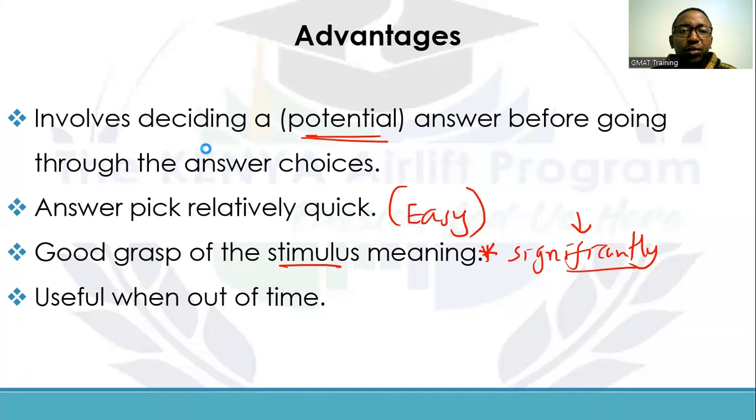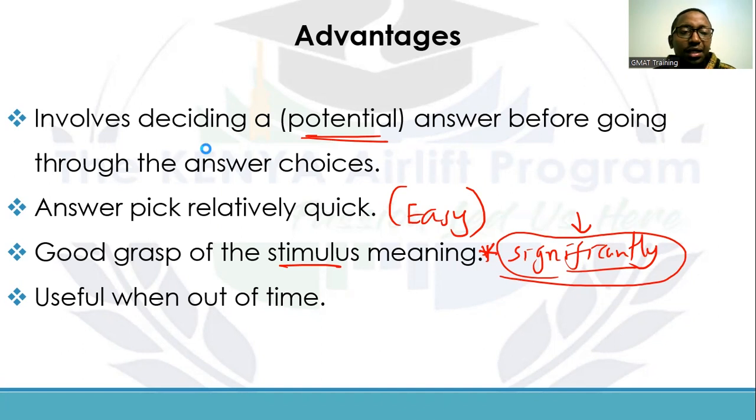So if you find a question that needs this to work, you'll probably end up picking the wrong answer choice. So yes, you will understand the meaning of the stimulus, but it doesn't really mean that you have gotten the entire picture of this stimulus or the specifics of it.